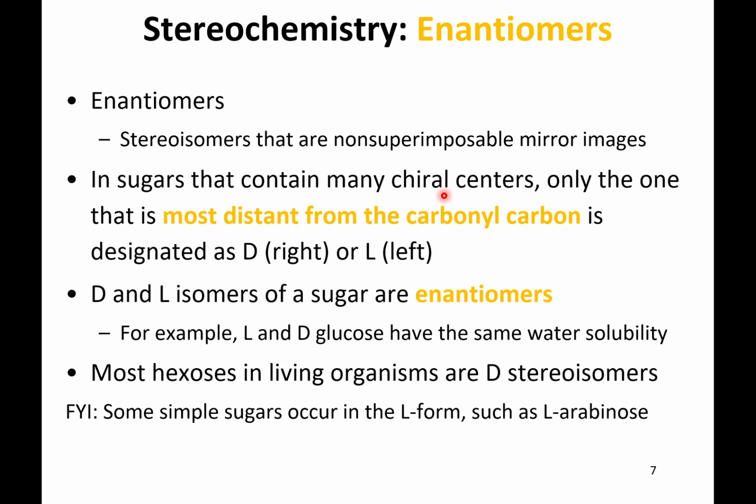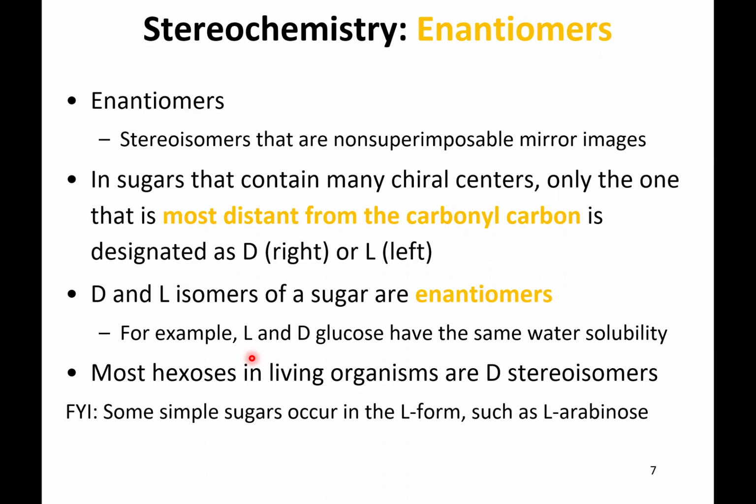If you have a chain of 6 carbons, there are quite a few chiral centers, but only the one that is most distant from the carbonyl carbon is designated as D or L. D is sort of the right-handed, and L stands for the left-handed. D and L isomers of a sugar are enantiomers. They're non-superimposable mirror images of each other.